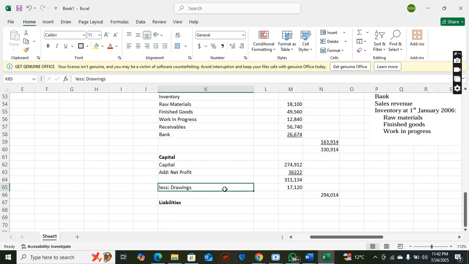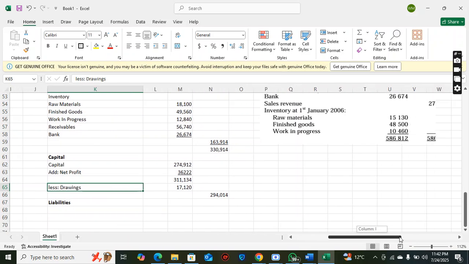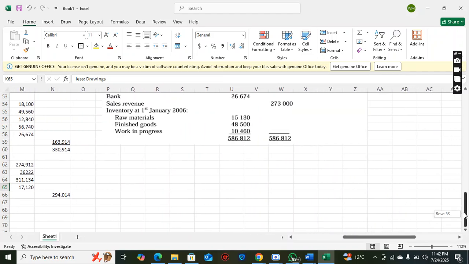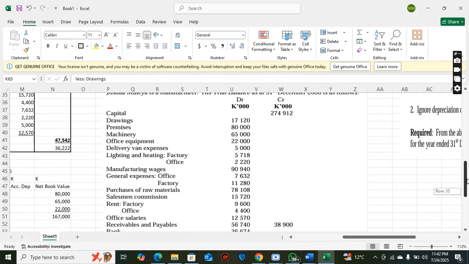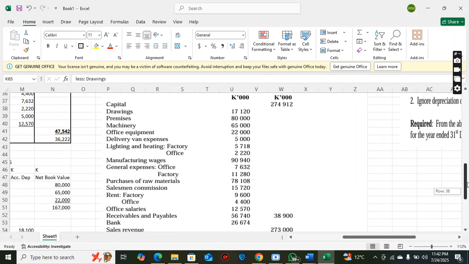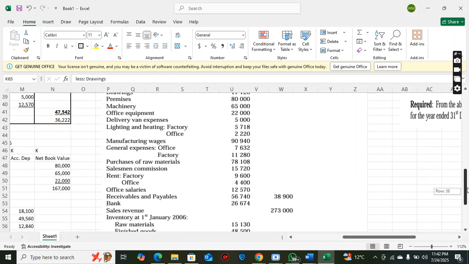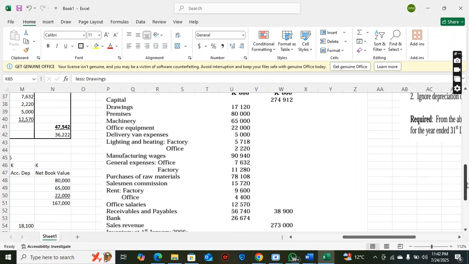Okay, which can be paid after a year, right? Do we have any non-current liabilities? Just give me 2 minutes. Hold on, please.